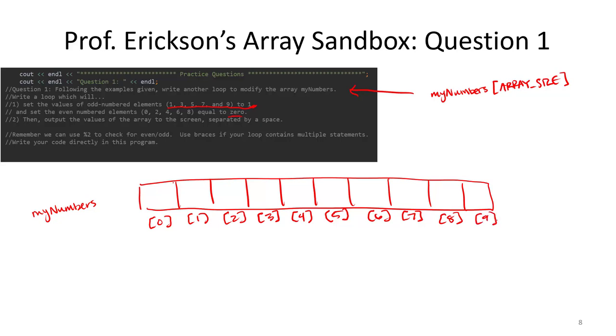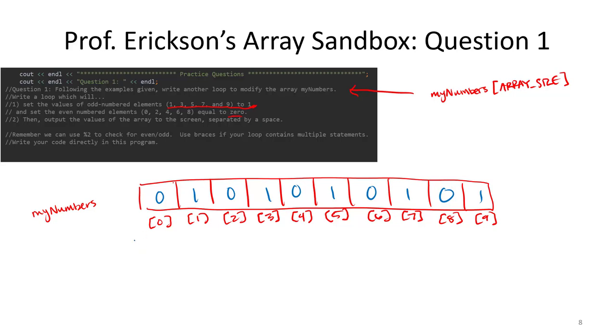So we've got currently 10 items in myNumbers. We want to write some code which will update the odd numbered elements. So that's element 1, 3, 5, 7, 9. We want those to hold the value 1. And we want even numbered elements to hold the value 0.